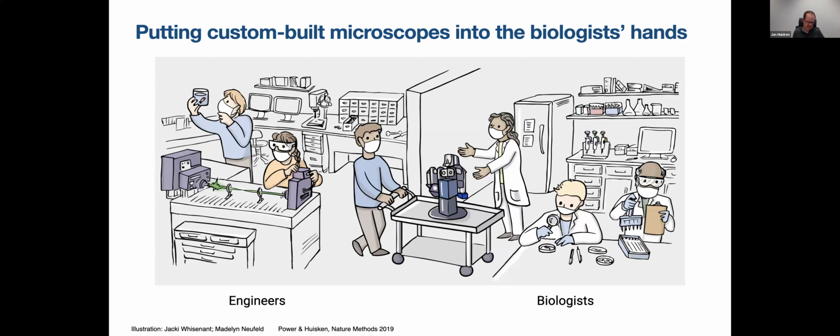So as I said earlier, the engineers are not just sitting in the basement of their lab, building cool instruments, but they're actually exchanging these with the biologists and getting their feedback to further optimize these systems. And that's just so valuable in trying to build useful instruments.